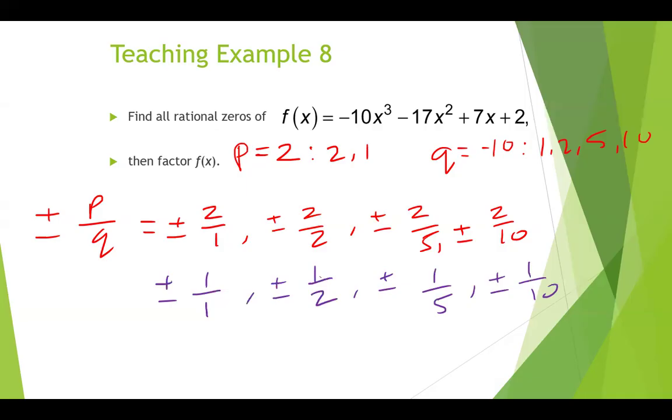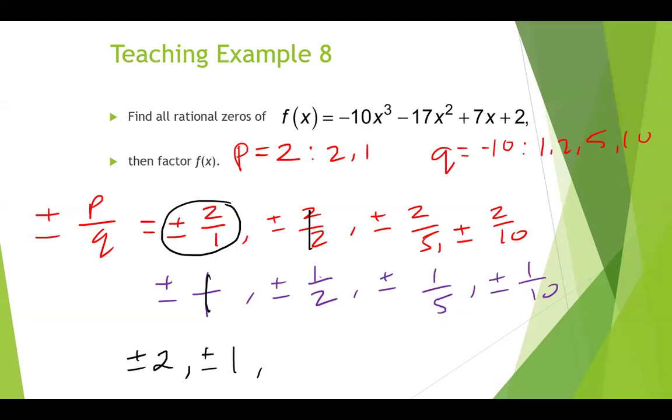So my possible ones are: 2, which is a solo, so we have plus or minus 2. Done. We have 2 over 2 and 1 over 1, and they both equal what? 1. So our other one would be plus or minus 1.